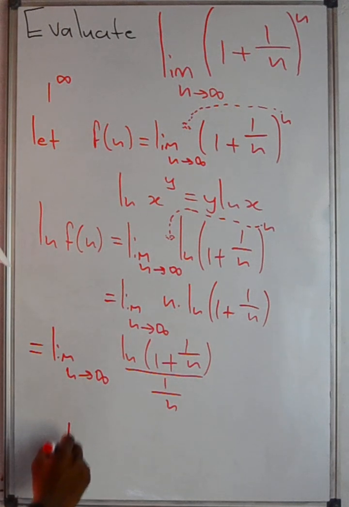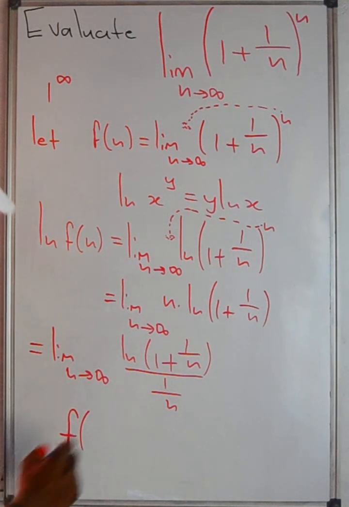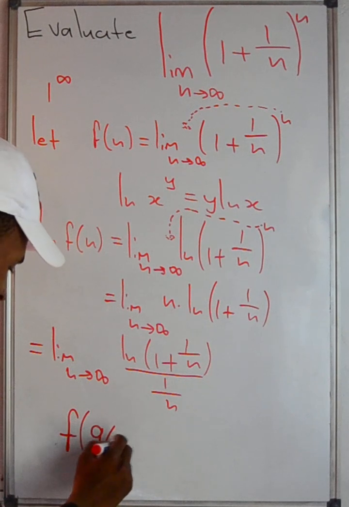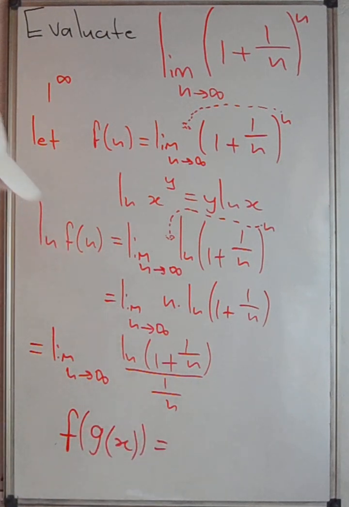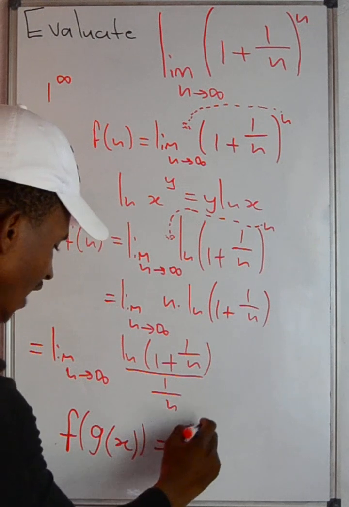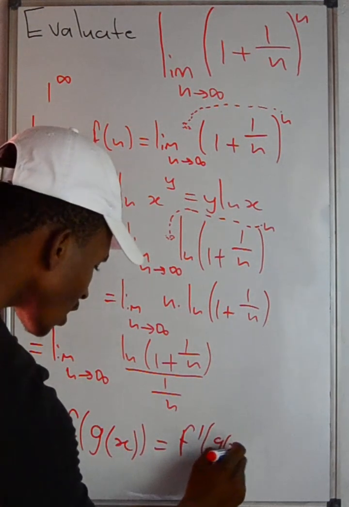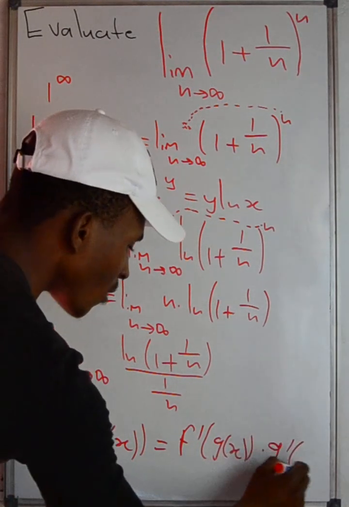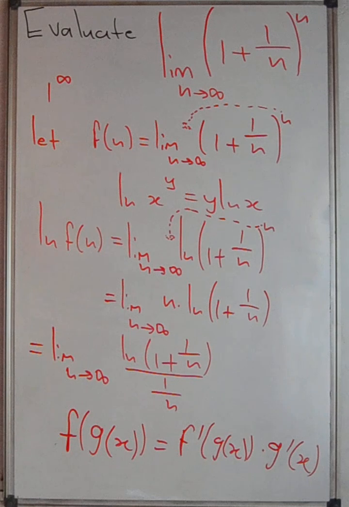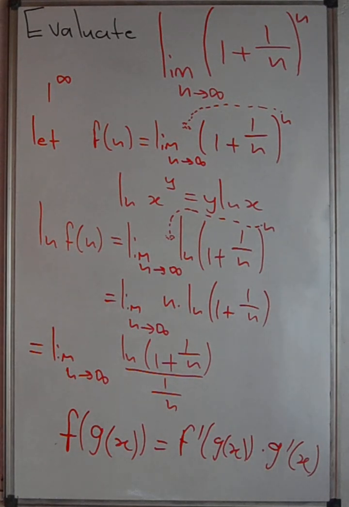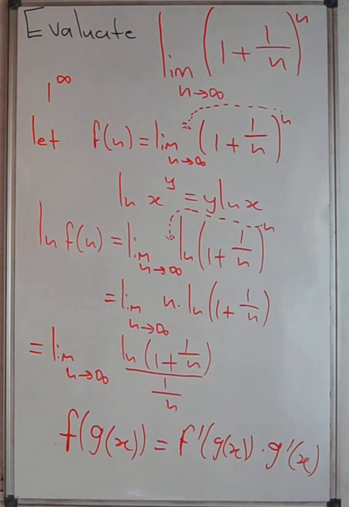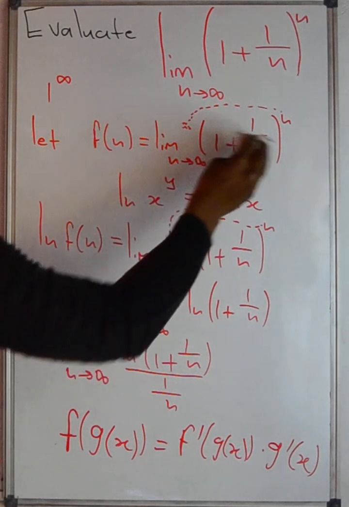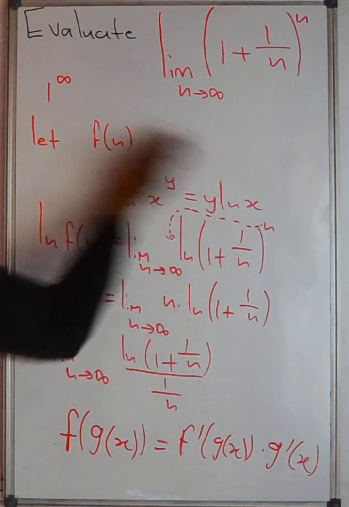The chain rule says that if we have a function f and nested inside it the function g of x, we differentiate f as a whole, then after that we multiply by the derivative of the function nested inside the original function f. So now let me erase this part here.